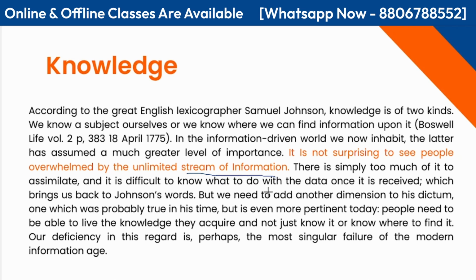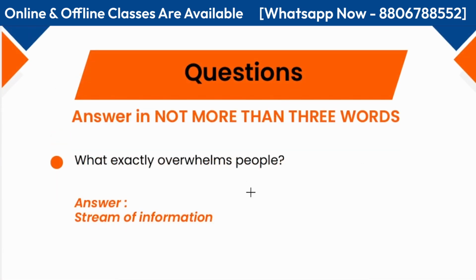So as you can answer in not more than 3 words, you can choose the 3 words and the answer is stream of information. So here is your answer. You can check your answers if you found the right answer, otherwise review them.